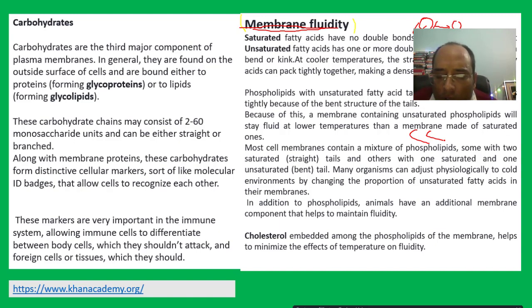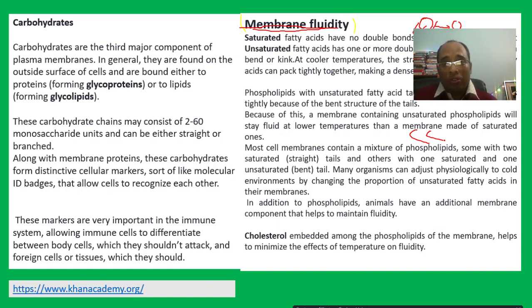They will not come so close to each other, so that they will not be compact and the fluidity of the membrane decreases. So you should know, in the maintenance of membrane fluidity, saturated and unsaturated fatty acids have a very significant role.